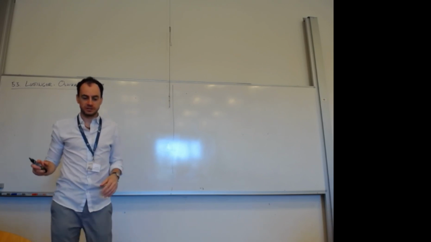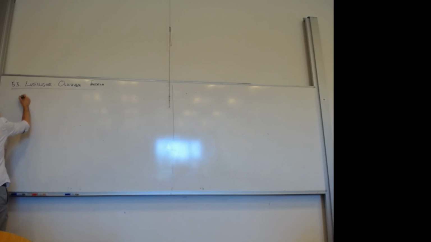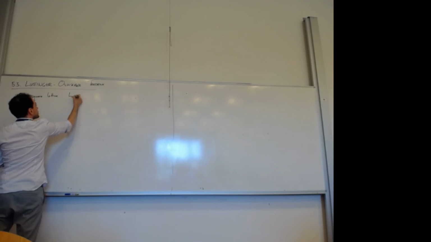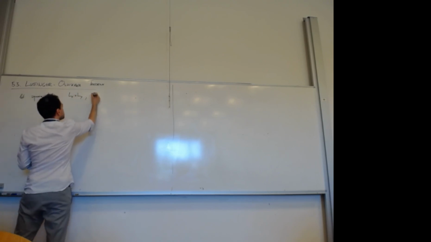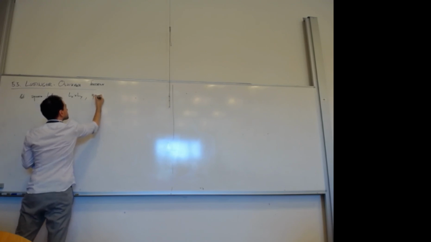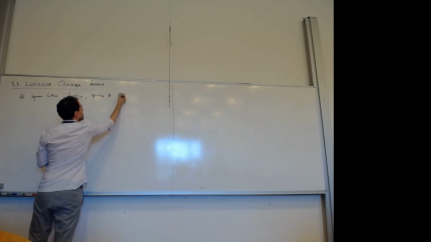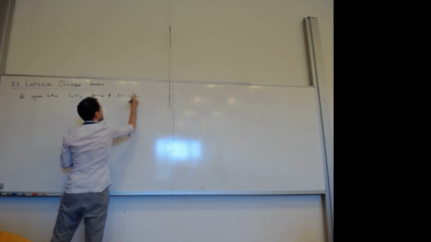What we are looking at is the square lattice, which is Lx times Ly in size, and the particle number N is n times Lx Ly, so n is the density.